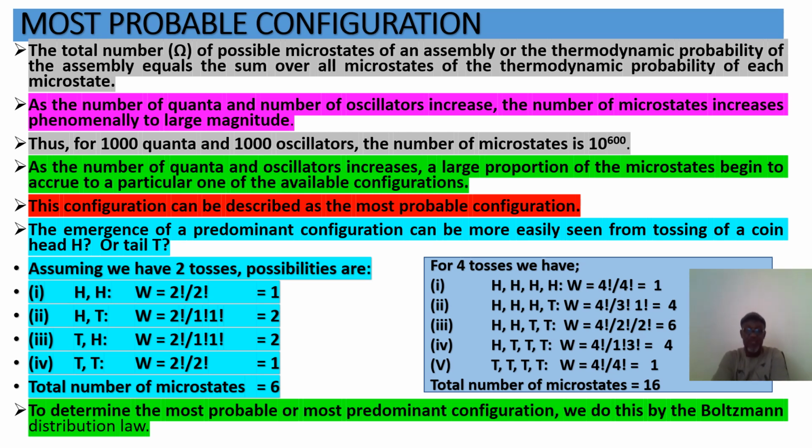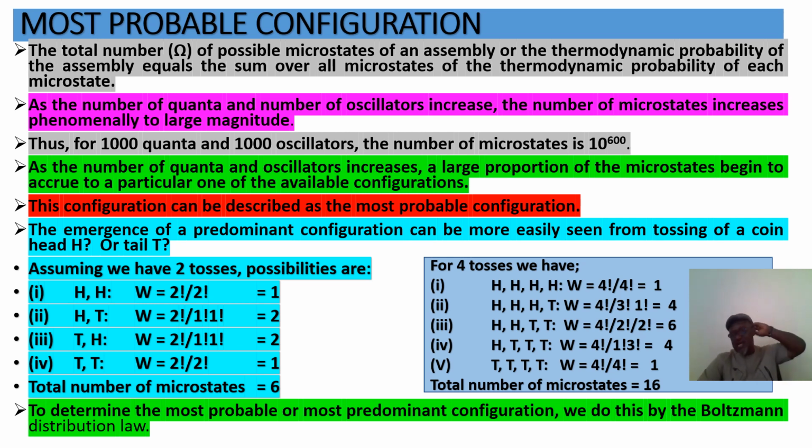Now, I want you to do something where you go back. For us to check this most probable configuration, we take a die. The first thing we did here is to toss the die 2 times. Look at what we have. 1, 2, 2, 1, which gives us a total of 6. Now when we toss the die 4 times, it now increases.